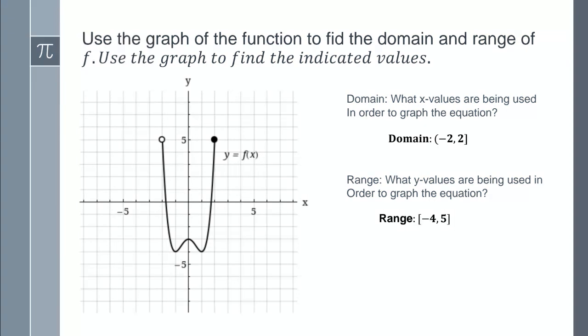The range for this would be, this first one is negative. I am including that point, because the graph is a solid line there. So it means that it does include this y value. And then my highest value is 5. Even though it's not valid on the left, the graph's highest point is that +5. So I do have the bracket 5 on the right. So the range is from -4, including -4, to +5, including the +5.